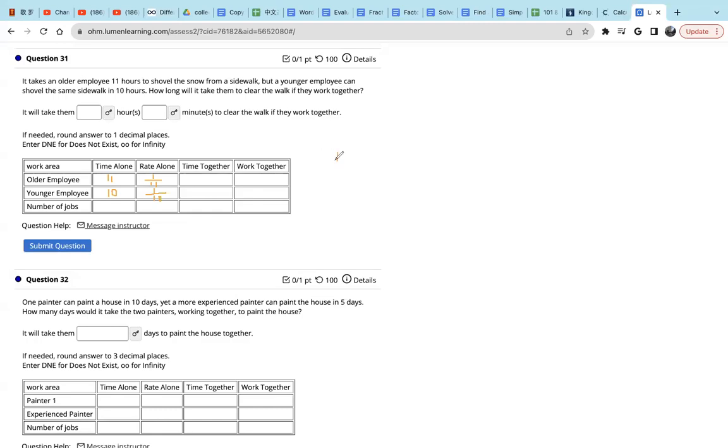So when they work together, it's 1 over 11 plus 1 over 10. How do we add those two? That just becomes 10 plus 11 divided by 10 multiplied by 11. 10 multiplied by 11 is 110. 10 plus 11 is 21, divided by 110.